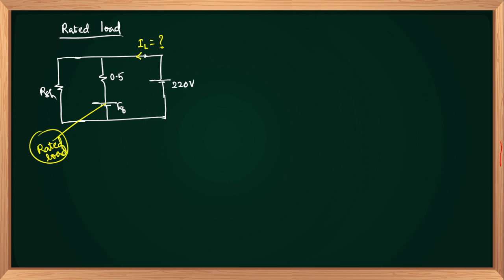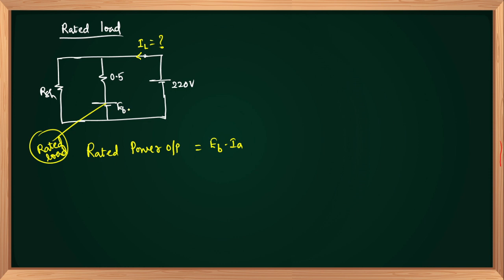If it is driving rated load, it is going to develop rated power. Rated output power it will develop. How much can I take up as the mechanical power? I can take it as EB into IA. What is EB?